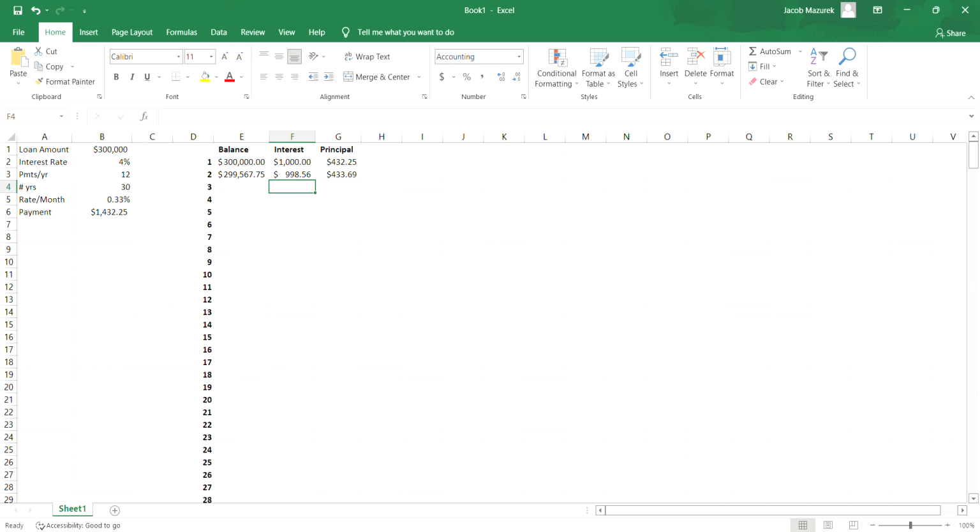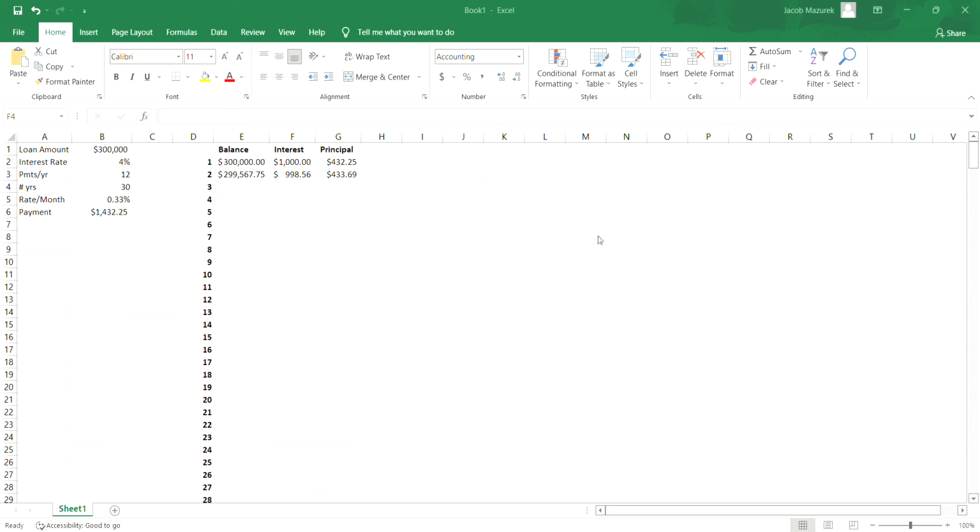Now, is that accurate? Well, let's find a calculator. Right here. We are saying 299,567.75 times point... I won't be able to get this perfect, but I can get close enough.